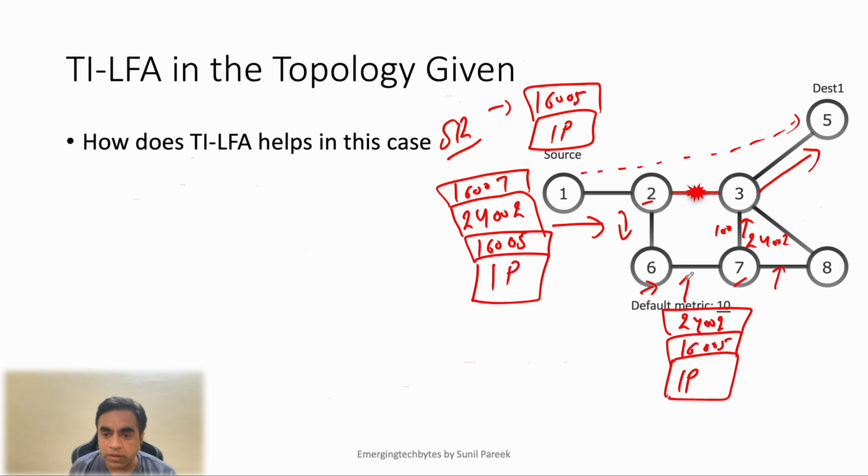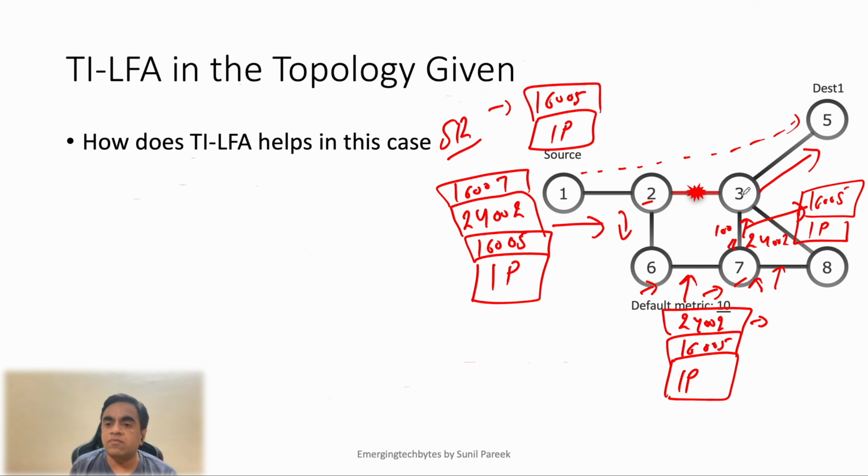24002 on this link towards 7, and then 7 will look at this label, which is allocated only for this link. So it will pop this label also, and on this link the packet will go with just a single label.